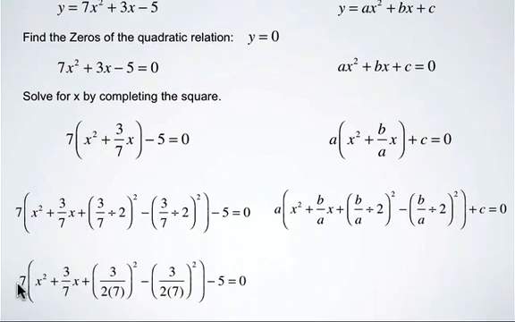So now what we have is 7 that we factored out in the beginning, x squared plus 3 divided by 7x plus 3 divided by 2 times 7 squared, minus 3 divided by 2 times 7 squared, minus 5 equals 0.